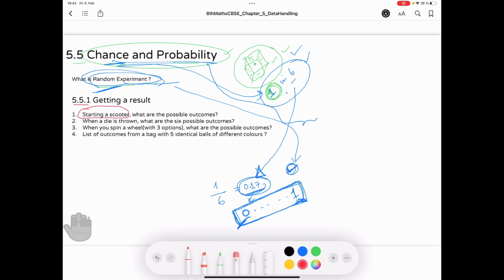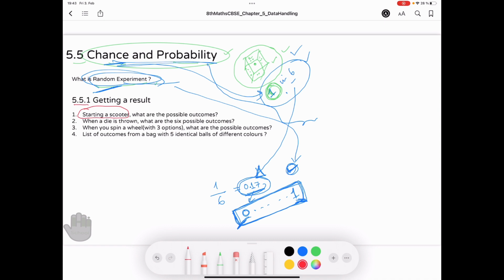So we apply a kick, or there is a button which we need to press in order to turn on the scooter, or we need to move a key and turn on the scooter, and either it is going to turn on or it is not going to turn on.